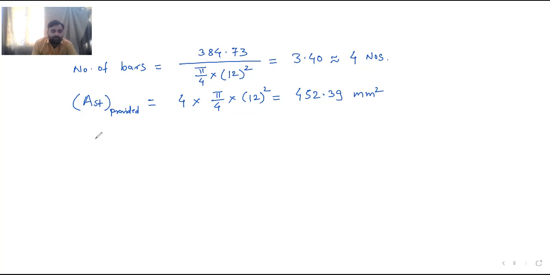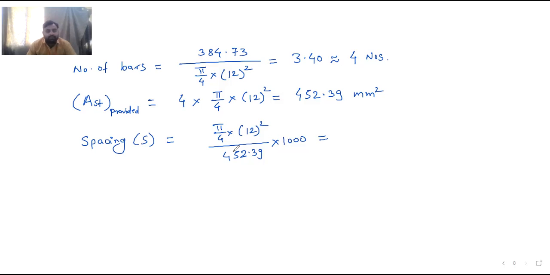Now calculate the spacing. Spacing S is equal to area of single bar divided by AST provided multiplied by width.